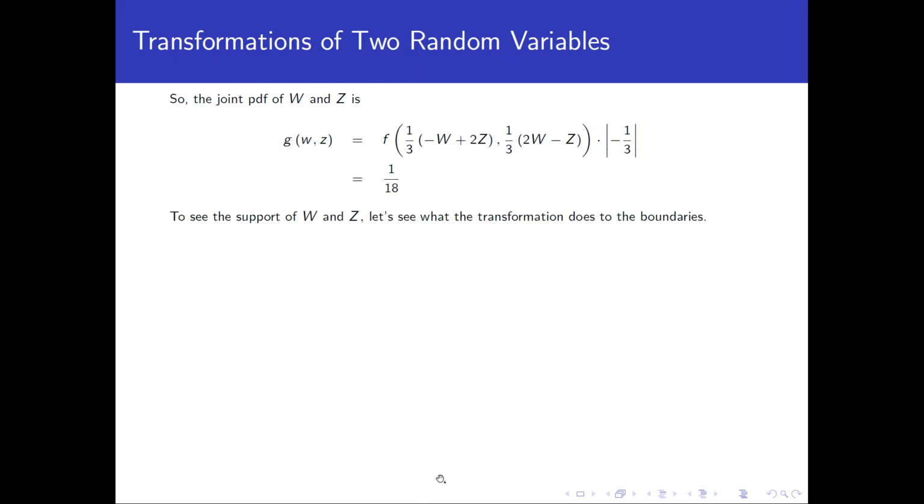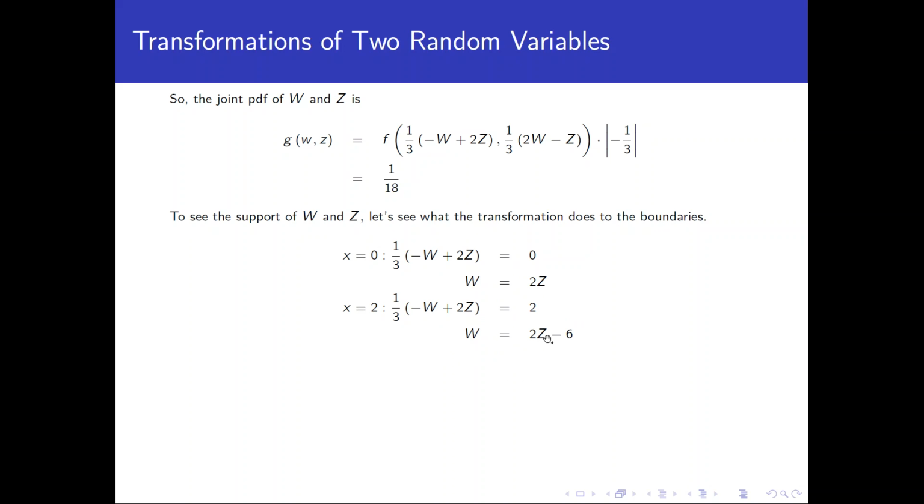Alright, so let's see what the support now is for w and z. When we do this, we just look at what happens to the boundaries. So remember, x went from 0 to 2, y went from 0 to 3. If we look at the boundary x equal to 0, that would be the left bound on the rectangle. If we set x equal to 0, then we get w is equal to 2z. So we get this linear relationship between what w and z must be.